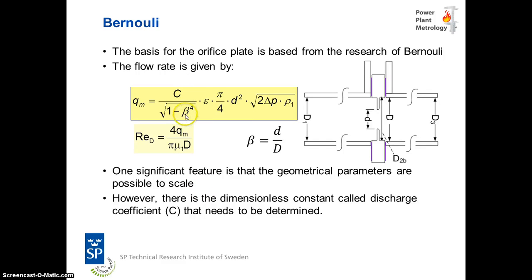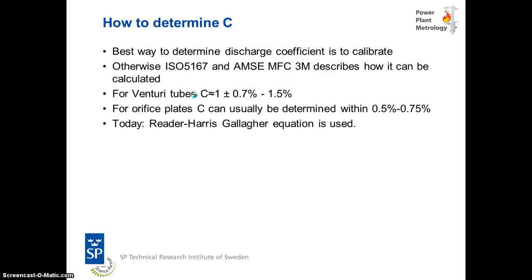Beta is just the geometrical factor, then the pressure you measure, the density, and this epsilon is the expansibility factor, with water properties. Here is the diameter of the construction again. So this discharge coefficient is a dimensionless constant that you need to determine to be able to calculate the flow rate when you use an Orifice plate.